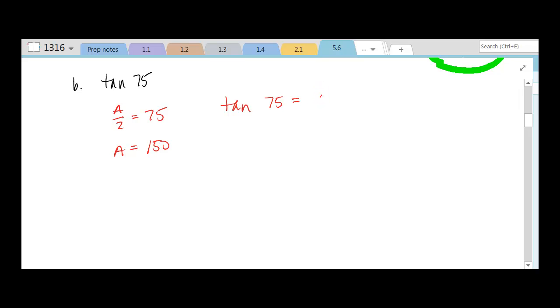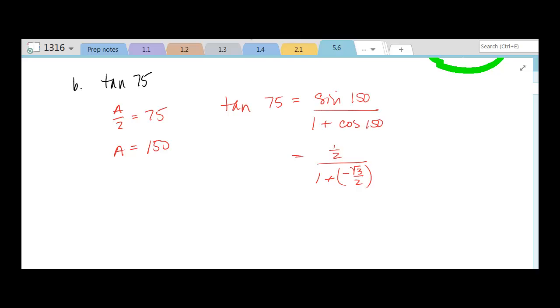So I'm going to choose the one that says the sine of A, which is 150, divided by 1 plus the cosine of A. Now the sine of 150 is 1/2, and the cosine of 150 is negative square root of 3 over 2, so 1 plus the cosine of 150 is 1 minus the square root of 3 over 2. So this is what I would replace the sine and cosine with to get something that looks like this. Now again, I have these complex fractions and I want to get rid of them.